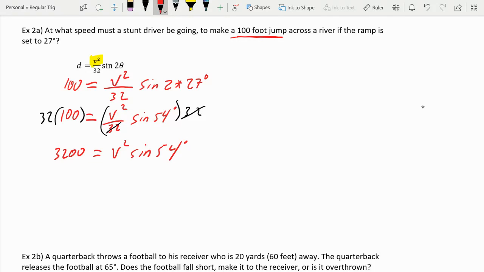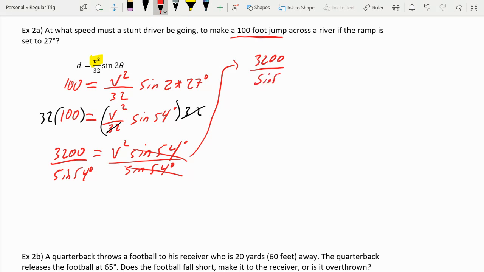Now divide both sides by sine of 54 degrees, because do you agree sine of 54 degrees is just a number? So we end up with 3200 over sine of 54 degrees is equal to v squared.